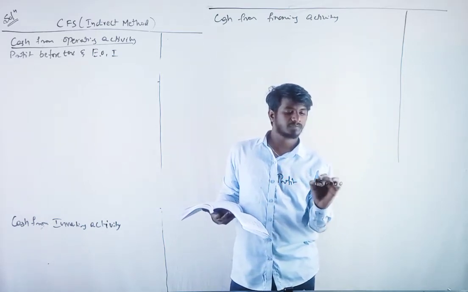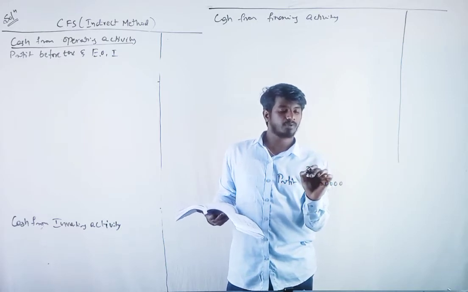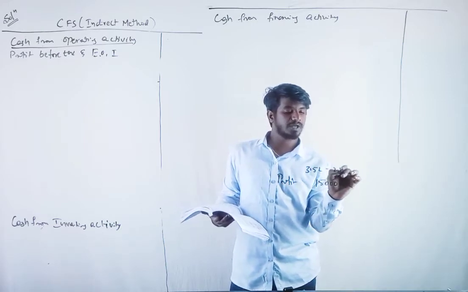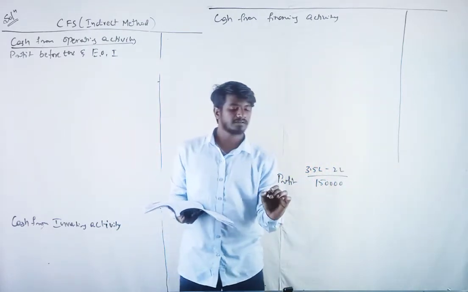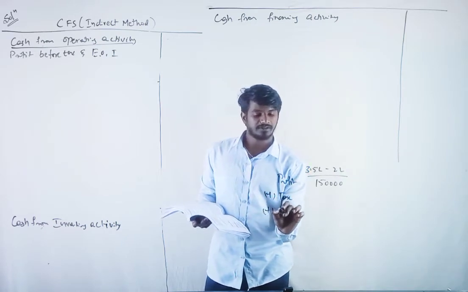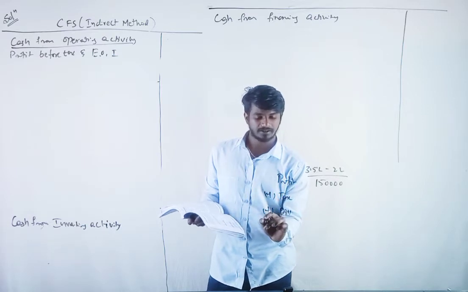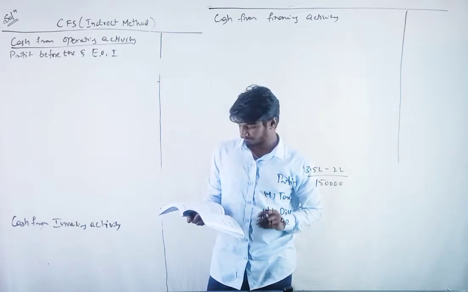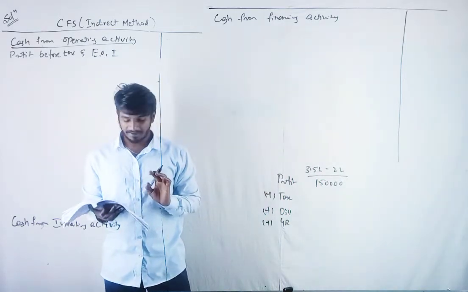That is 2 lakh, current year 3.5 lakh minus 2 lakh is 1 lakh 50,000 for the current year. In that we will add tax, dividend if there is any dividend we will add that, and general reserve if they mention. Okay, profit 1 lakh 50,000 is there.